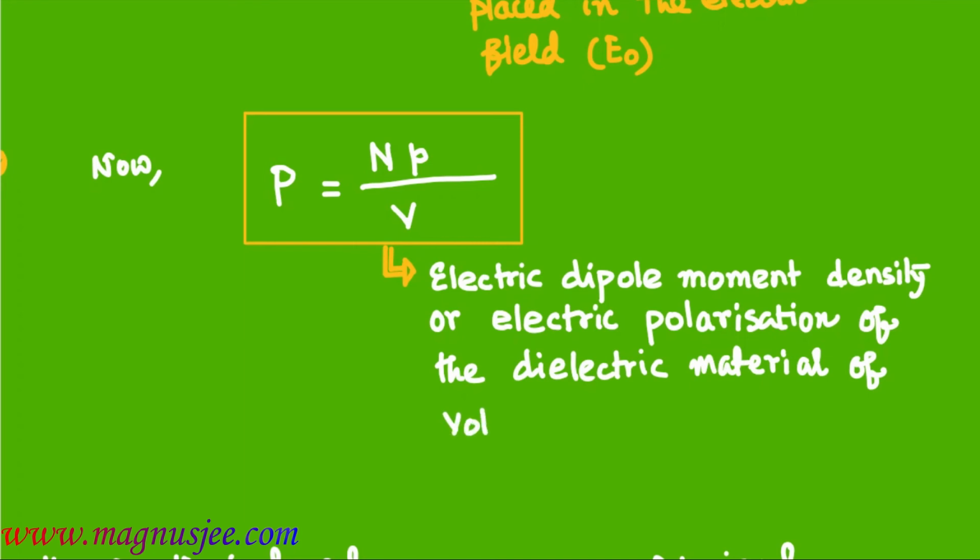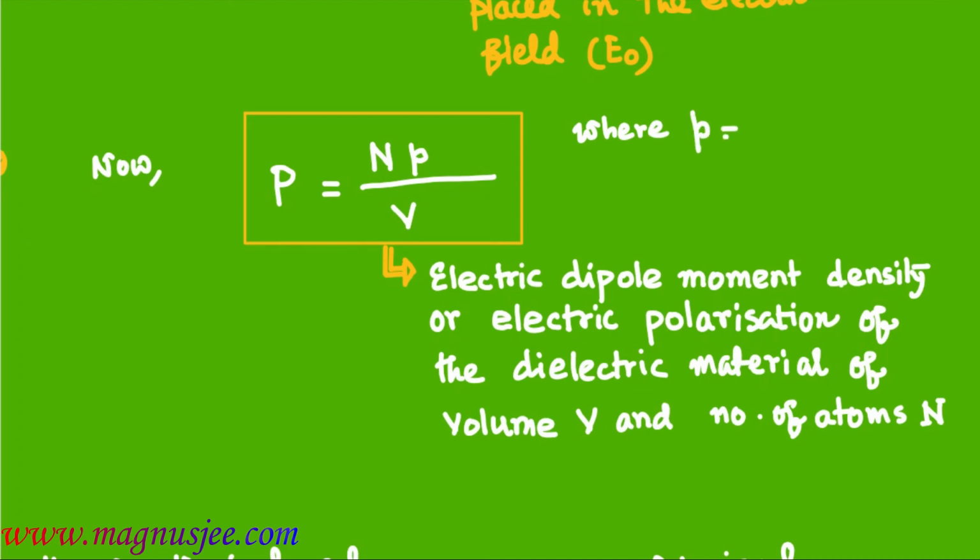Dielectric material of total volume capital V and total number of atoms capital N, where small p equals the dipole moment induced in each molecule of the dielectric material, and its expression was explained earlier.